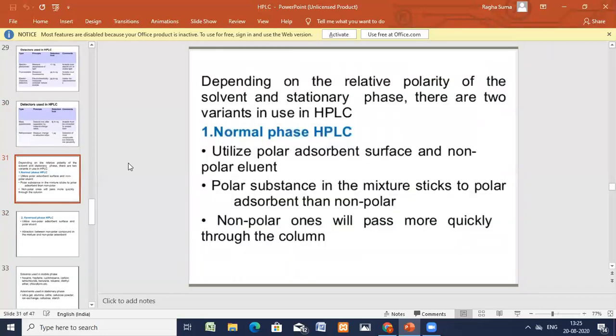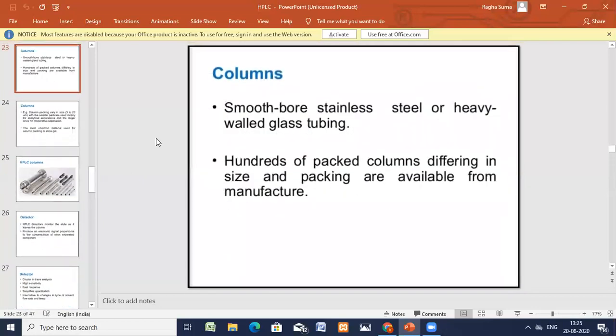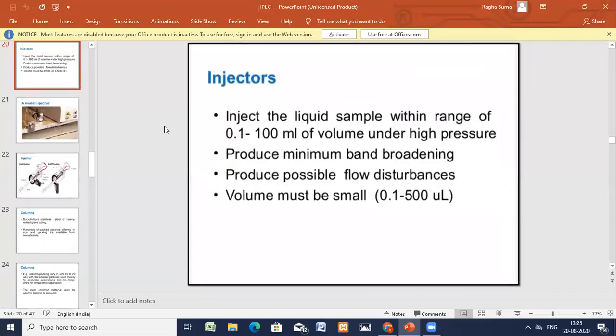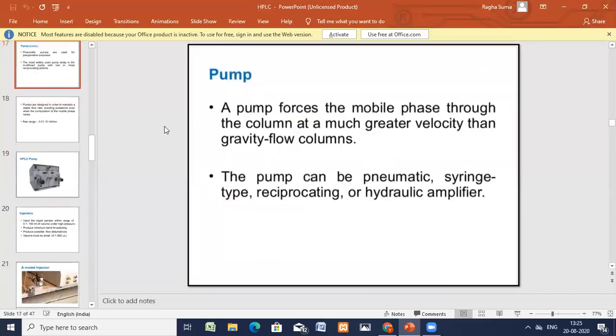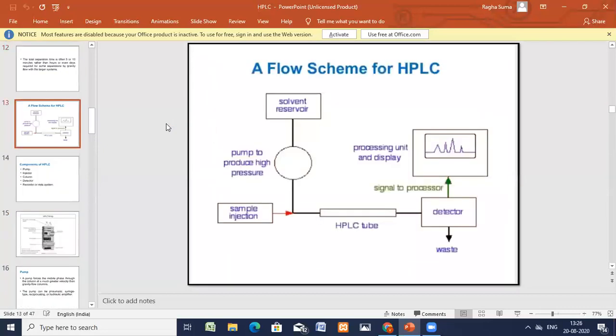Here we'll see in the diagram how it takes place. I have given you all the parts of the HPLC. Now we'll see a schematic diagram and how the basic process of HPLC separation is done.